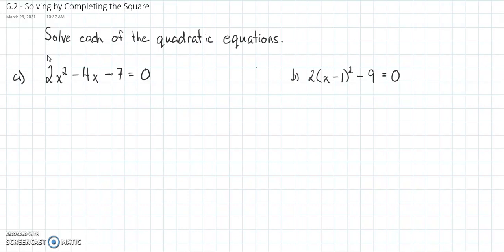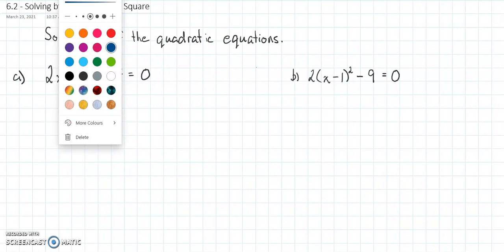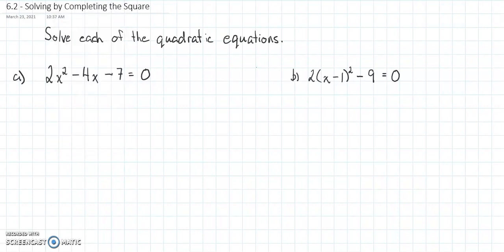Notice each of the equations is in a different form. This first one here is in what we call the standard form. Standard form just means that you have three terms. The first term is an x squared term, the next term is an x term, and the last term is a constant. So that's in standard form.